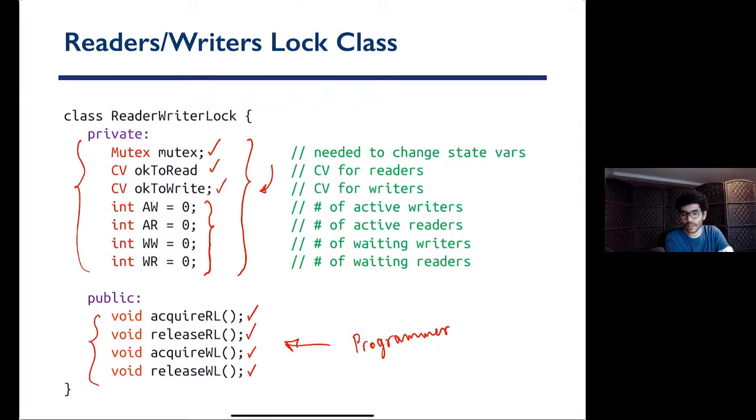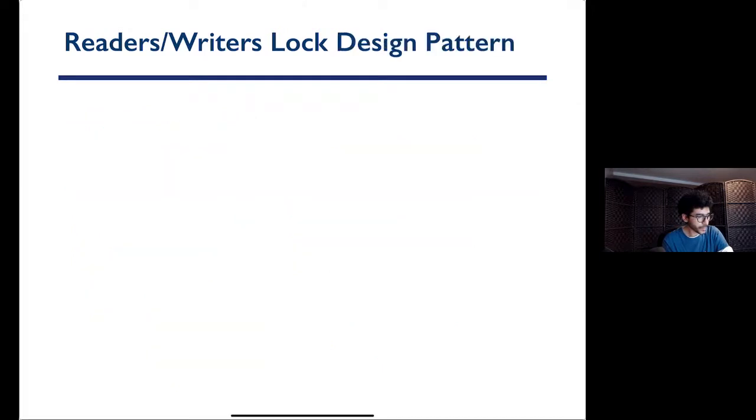So we want mutual exclusion on these variables. Every time we want to change active readers or active writers, or waiting readers or waiting writers, we have to make sure that we have mutual exclusion. And for that, we're going to use this mutex. And to put threads to sleep and wake them up, we're going to use the condition variables.